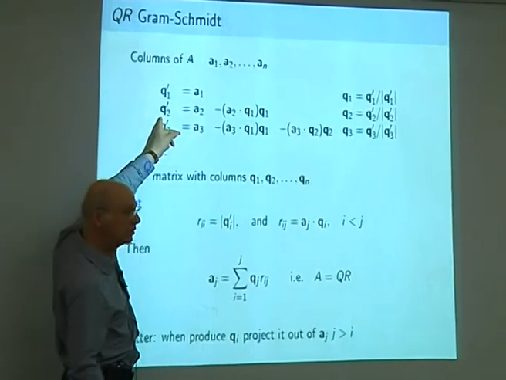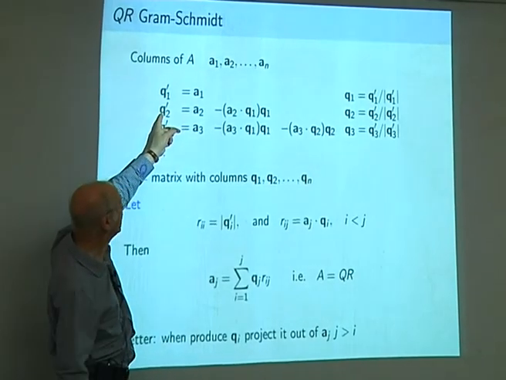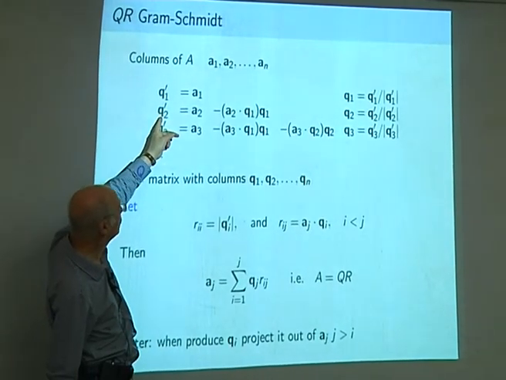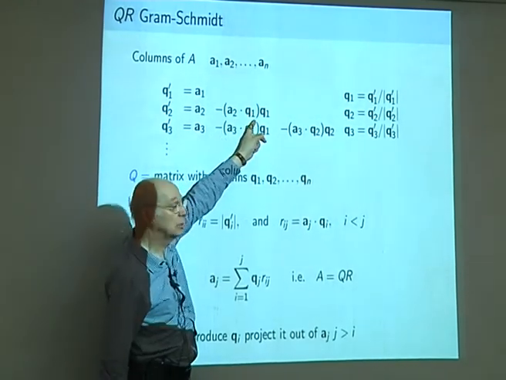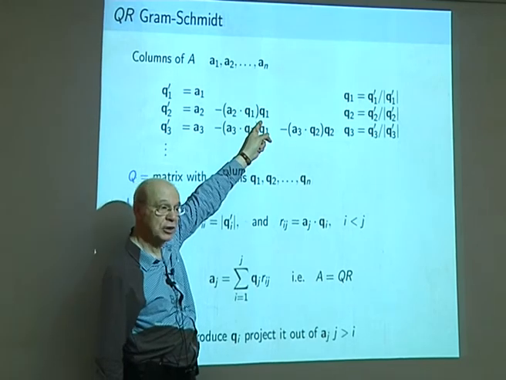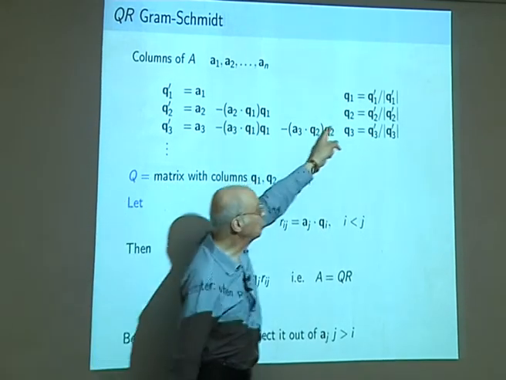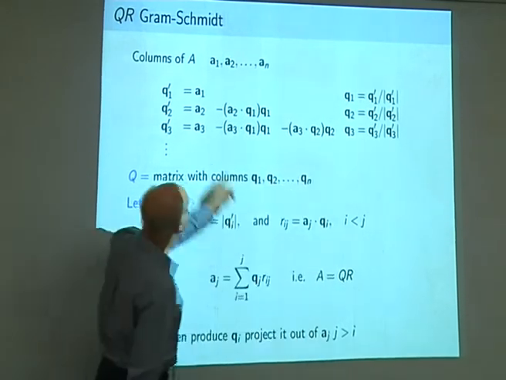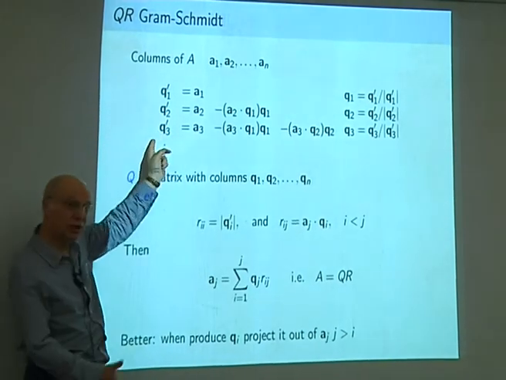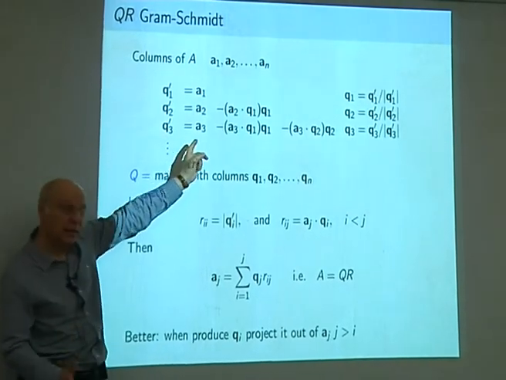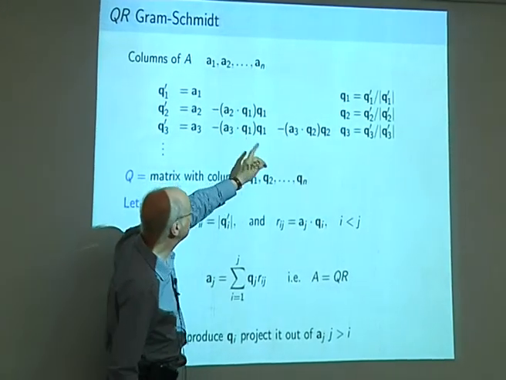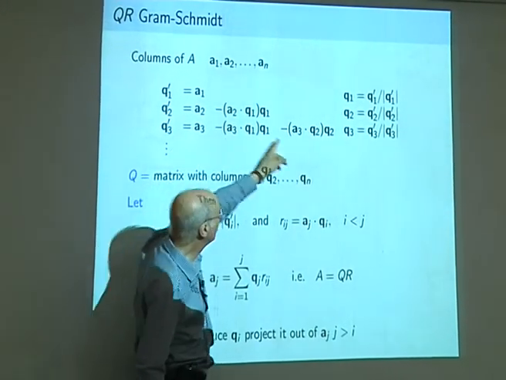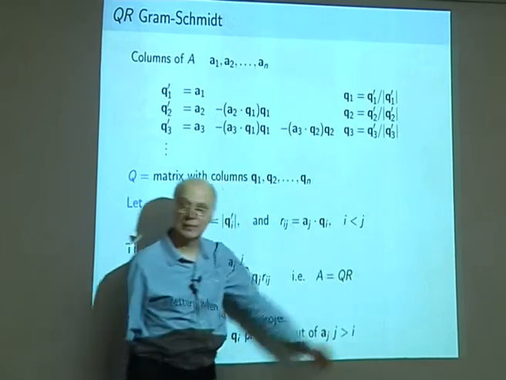So we start with our first attempt at the second column of Q as being the second column of A, but we have to remove any component in the direction of the first column, and then we have to normalize it. Then we go to the third column of A, which is going to be the third column of Q, and we remove components in the direction of the first column and the second column, and we normalize it, etc.